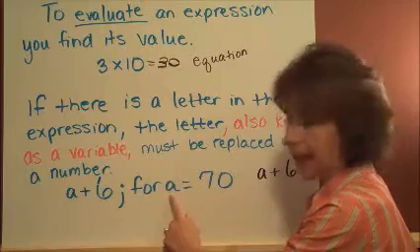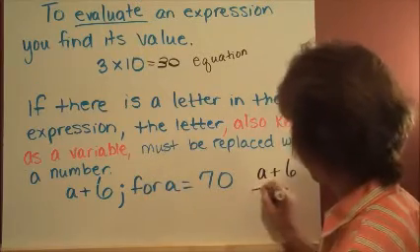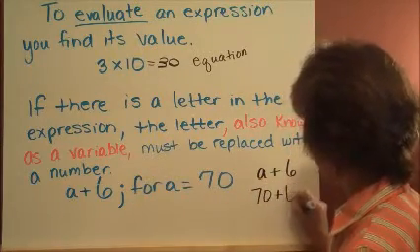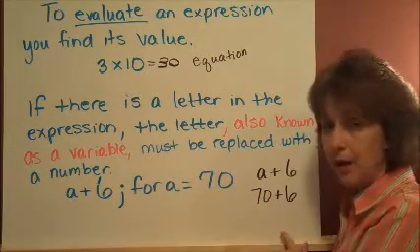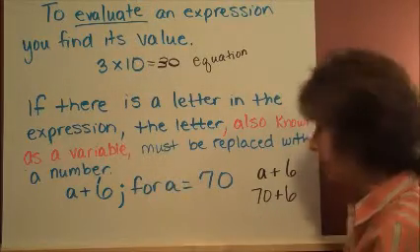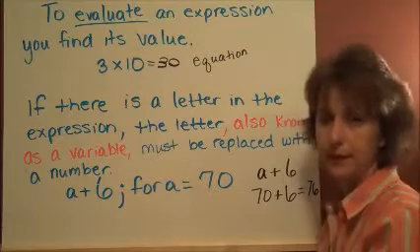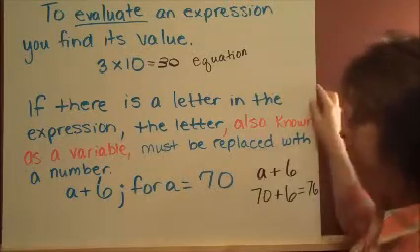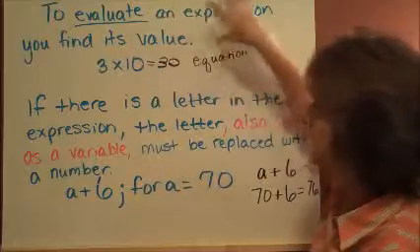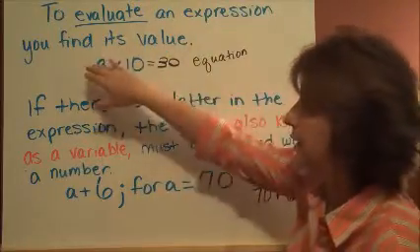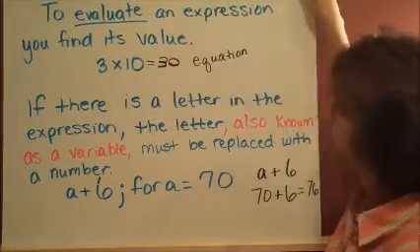If I replace a with the 70, then I write 70 plus 6. And now I can turn this expression into an equation because I'm going to add equals 76. So we have evaluated expressions by finding their value.